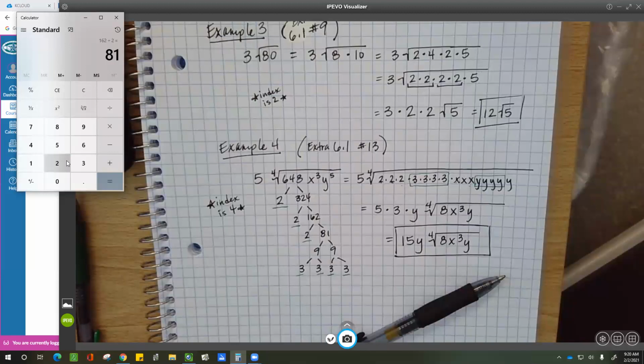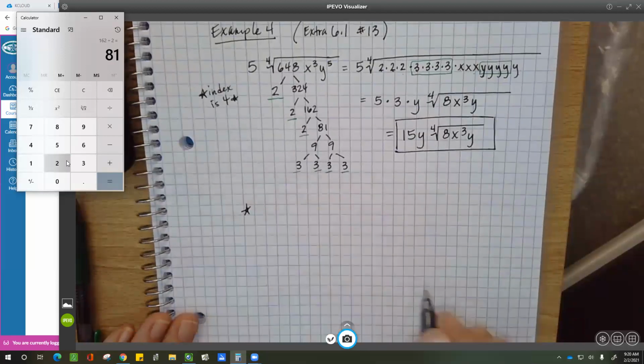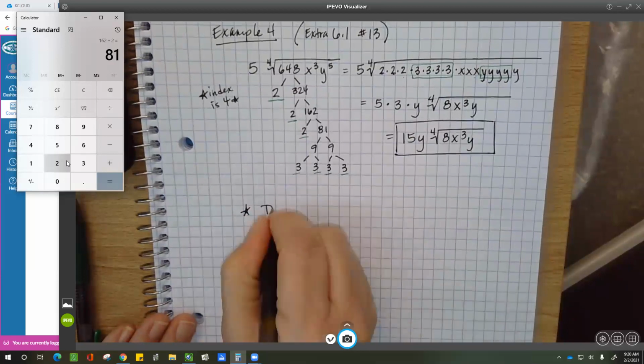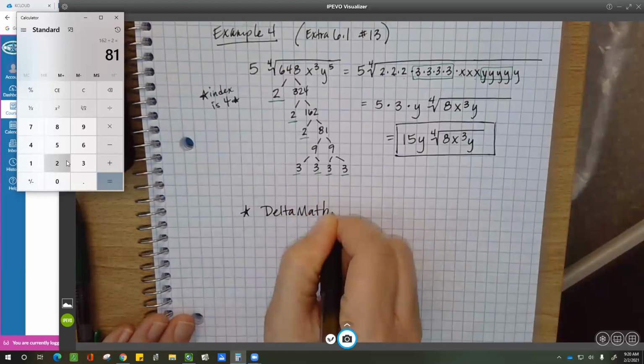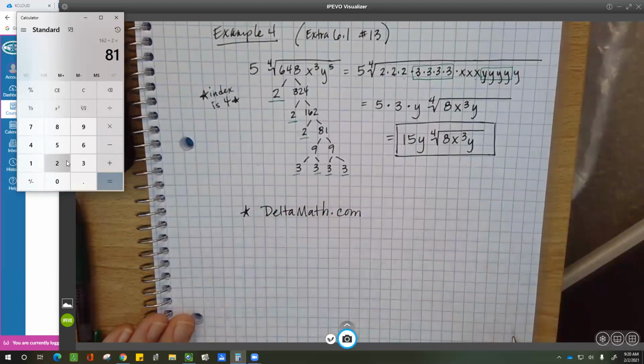I will write down my teacher ID because some people didn't create an account for yourself. Just to make sure you know, it's at deltamath.com. And we did have one assignment from there, so hopefully you already have an account. If not, that assignment's still open.